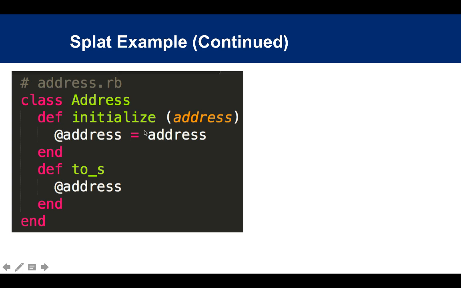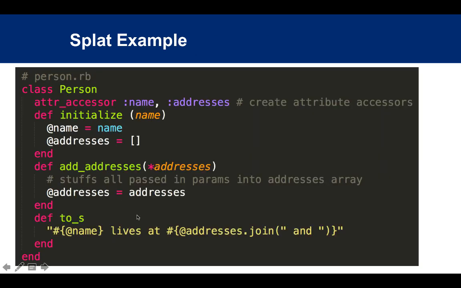Let's say the Address class is just, you pass in an address, and its to_s is just that address. And as we saw, the to_s method of Person just prints the name lives at the addresses joined, which will basically print out multiple addresses with an "and" in between.